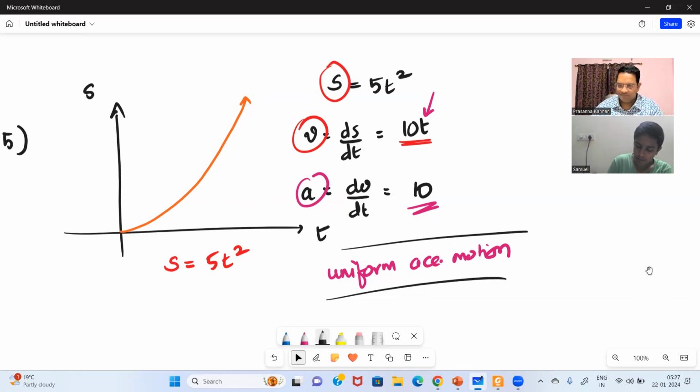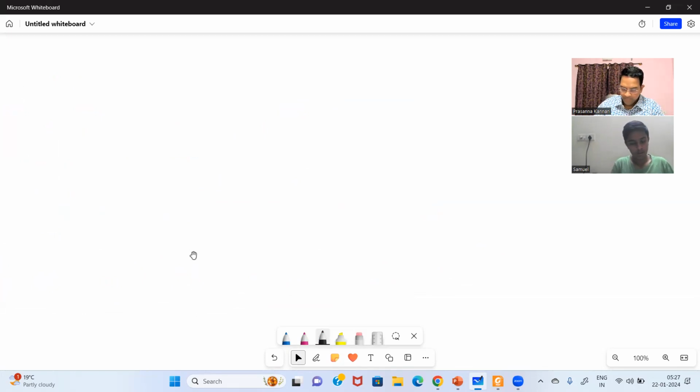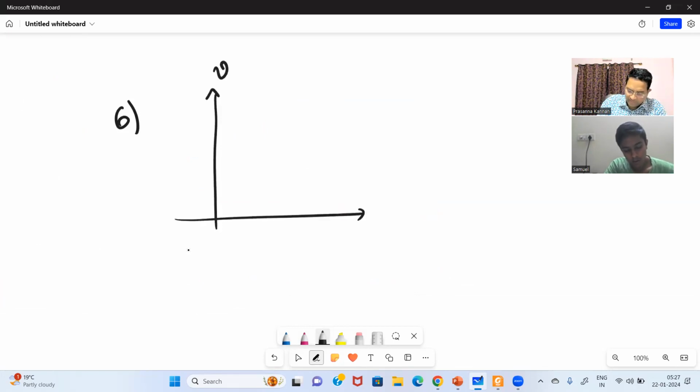What is the next question? Velocity time graph, curved. You have a velocity time graph, and how is the graph? It's curved, like this. Parabola, right? Go ahead. Now tell me. So the form is again x squared equals 4ay. Correct.